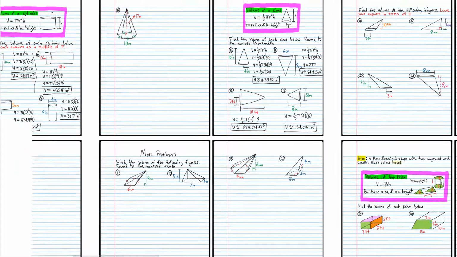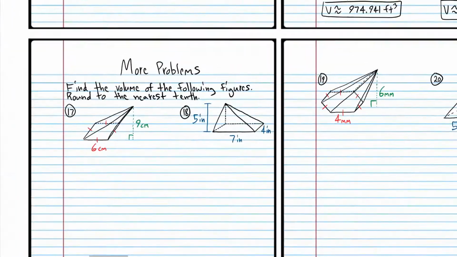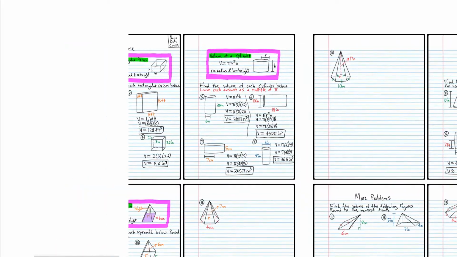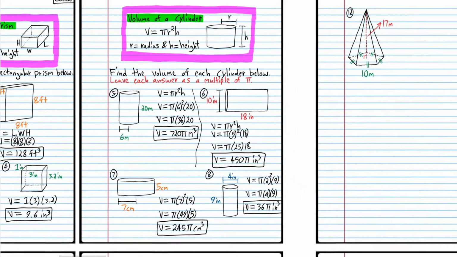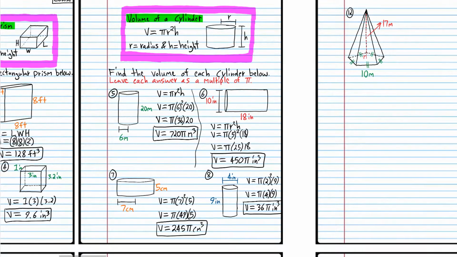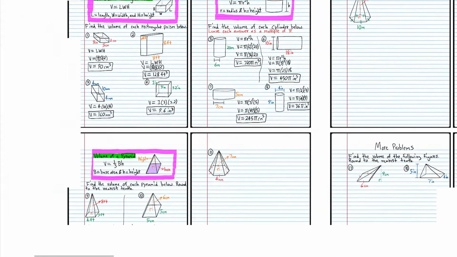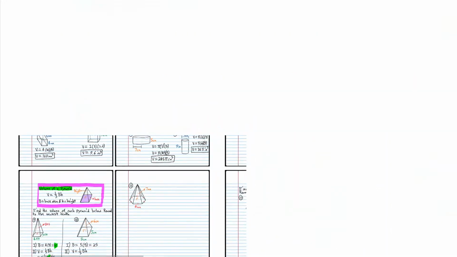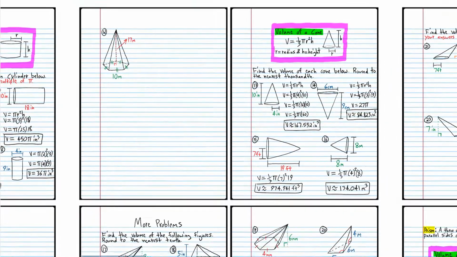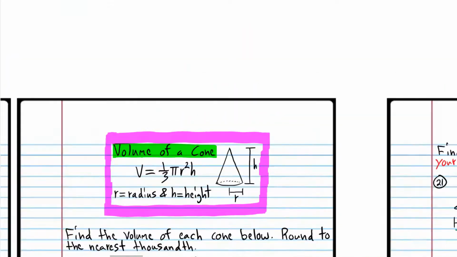So again, we're just learning how to find the volume of various figures. Now, here's some more problems. If you notice, many of the shapes that we've been looking at are right shapes, meaning this is a right cylinder, it's straight up and down. And this here is a right pyramid, and this is a right cone. That means it goes straight up from the center.